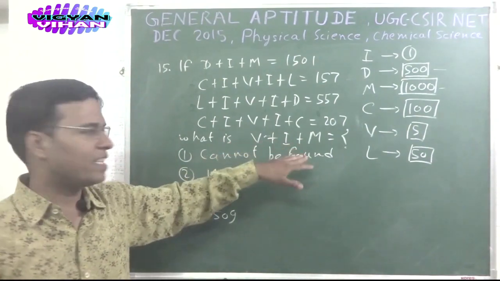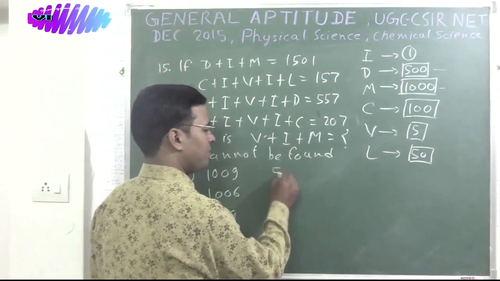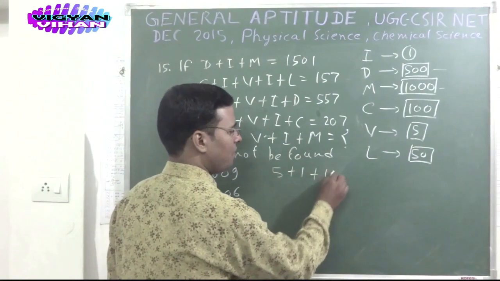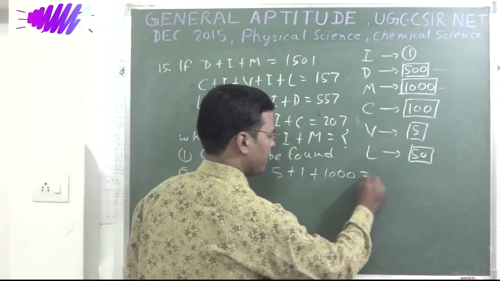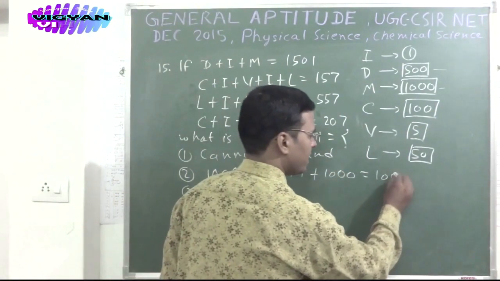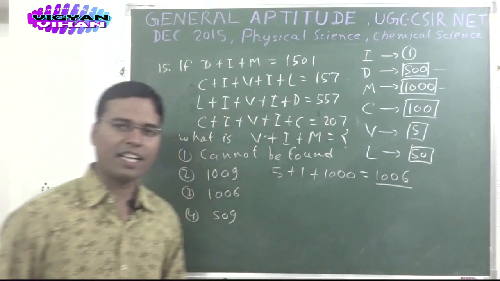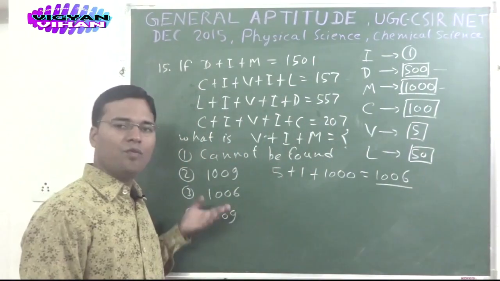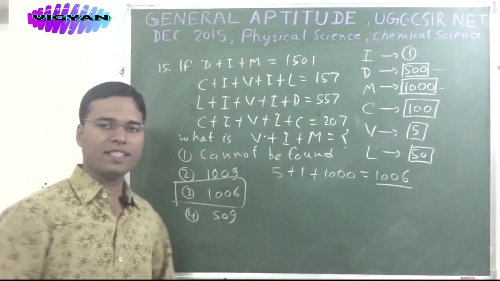For V plus I plus M, put the values 5 plus 1 plus 1000. Then you will get the value 1006. The correct answer of this problem is 1006, option 3.